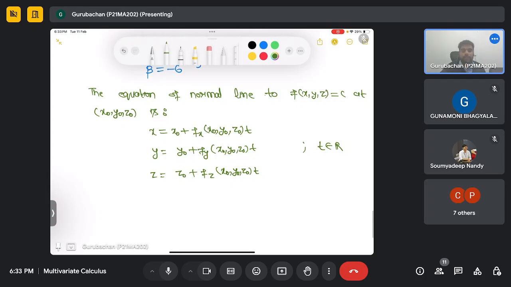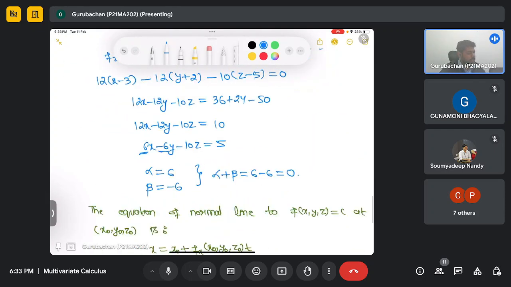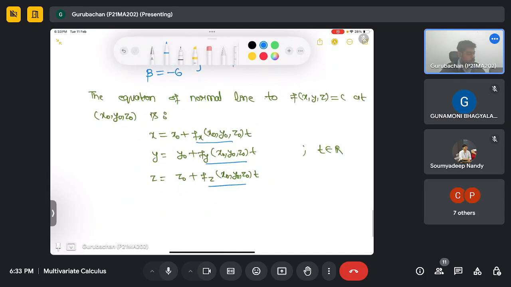So we know our x naught, y naught, z naught, and in fact we also know these values, which are 12, minus 12 and minus 10. So we just need to put these values in this equation.